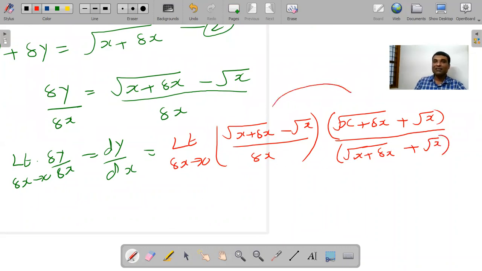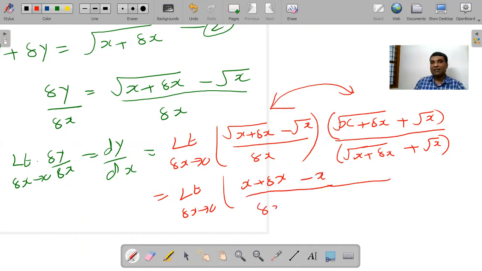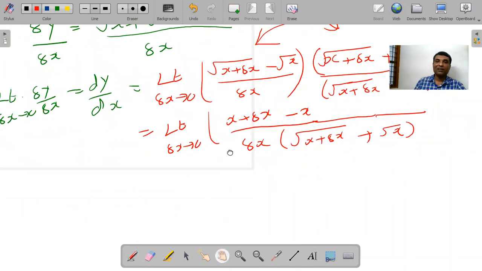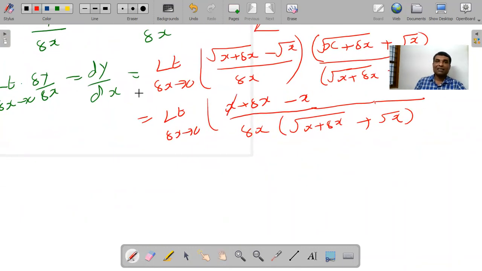Now multiply these two terms in the numerator. So what will we get? We will get limit delta x tends to 0 of x plus delta x minus x, all divided by delta x multiplied by the square root of x plus delta x plus square root of x. Now this x and x get cancelled, so the remaining is only delta x.